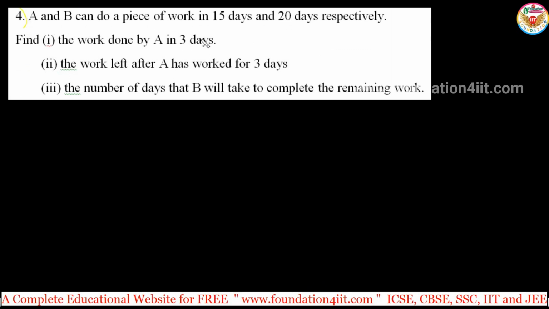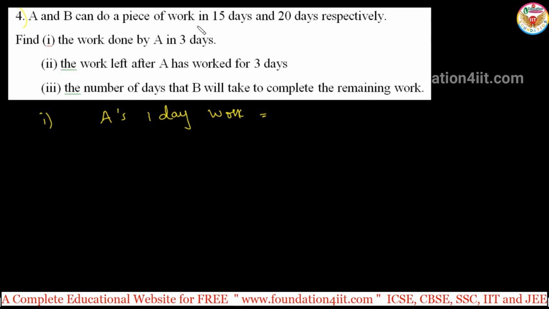A and B can do a piece of work in 15 days and 20 days respectively. Find the work done by A in 3 days. For that, we first find A's 1 day work. A can do the work in 15 days, so in 1 day he'll do 1 by 15th part of the work.